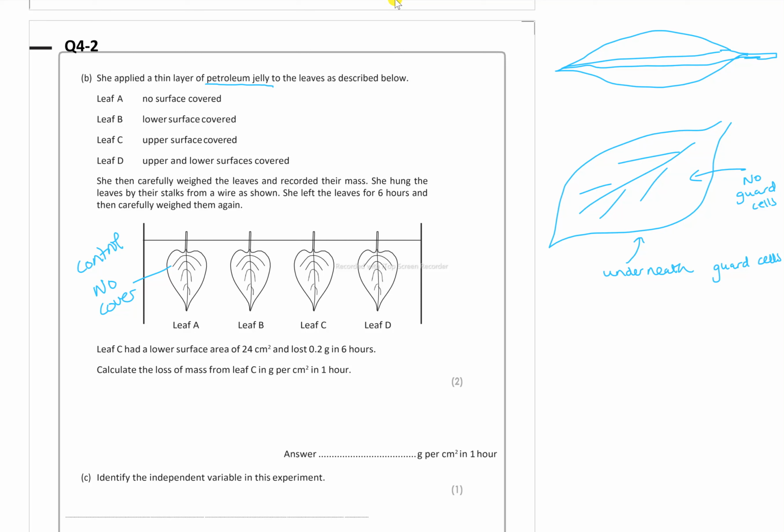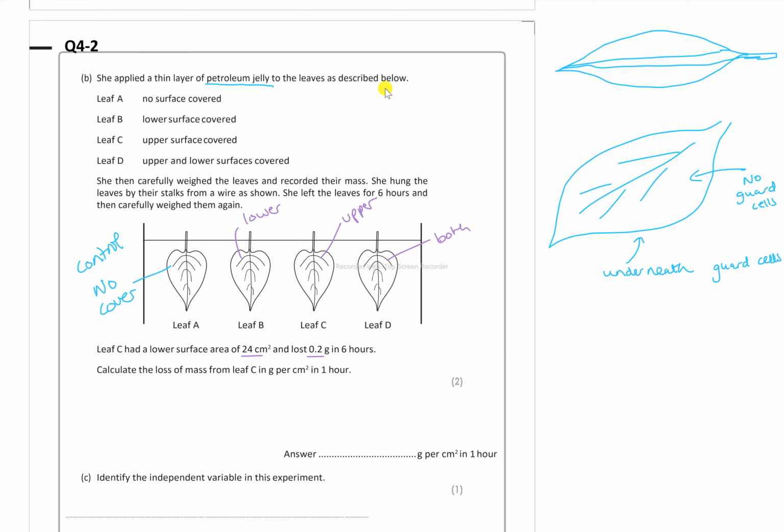So they've said here the lower one's been covered, here the upper, and here both. So they've gone from none, lower, upper, both. Right, leaf C had a lower surface of 24 and lost 0.2 in 6 hours.